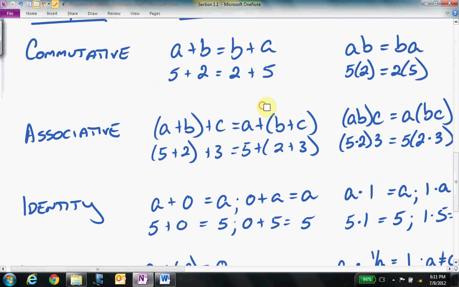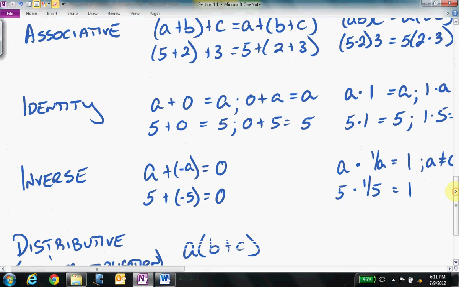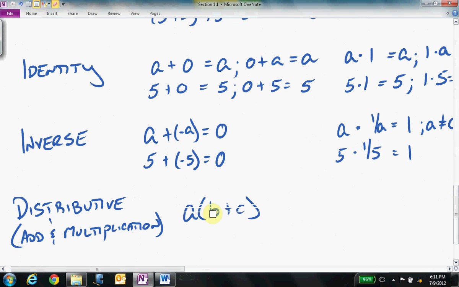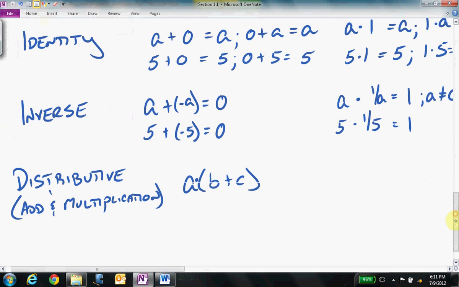In the distributive property, a is attached to the group b plus c not through addition, but through multiplication. So we've got our addition inside the grouping symbol, and attached to it is our third value, which is multiplied.